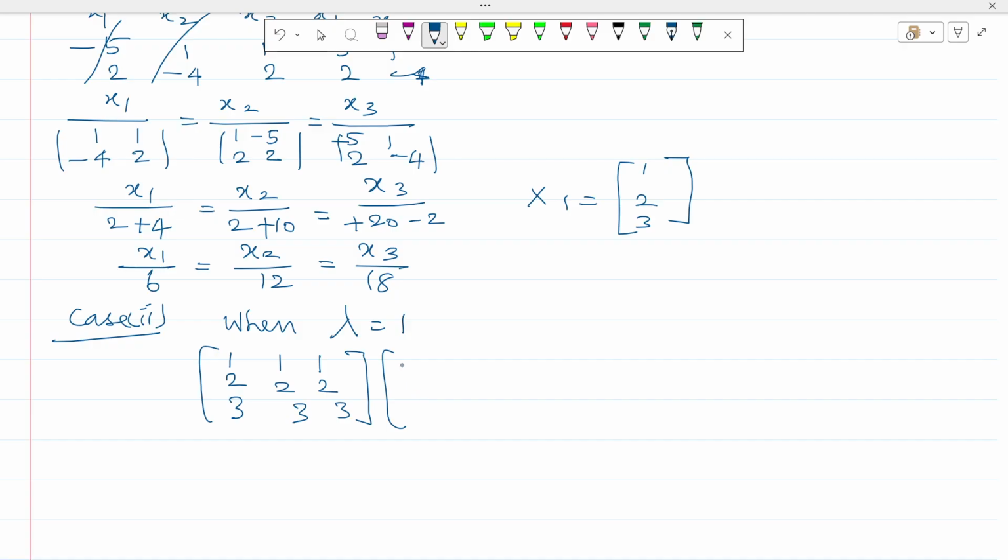See here, all the rows are identical in ratio.